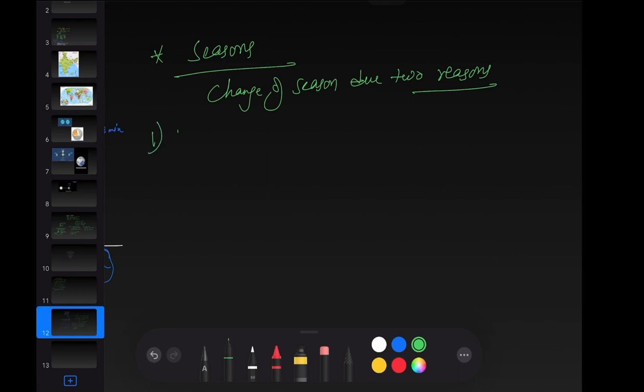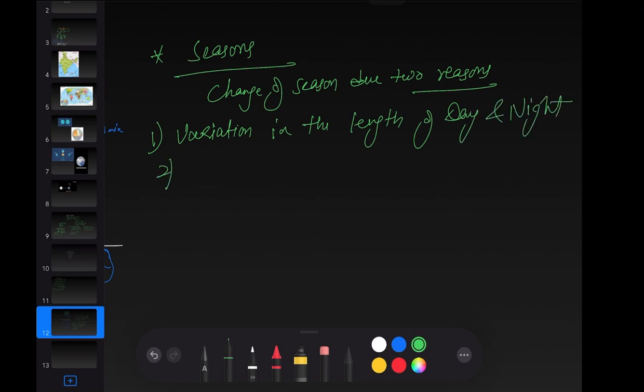First reason is variation in the length of day and night. And the second reason is variation in the intensity of the sunlight.